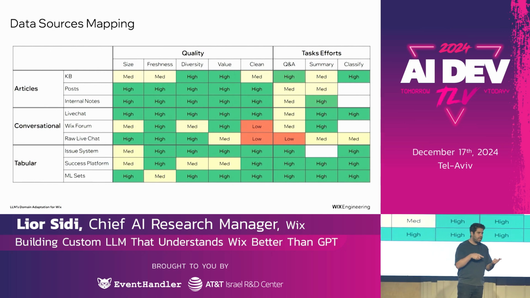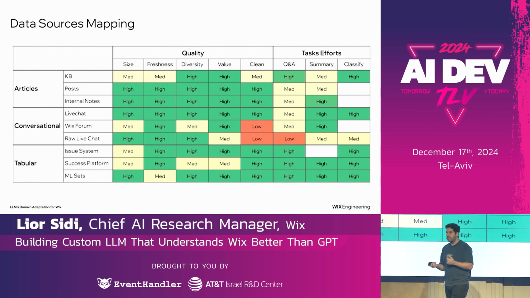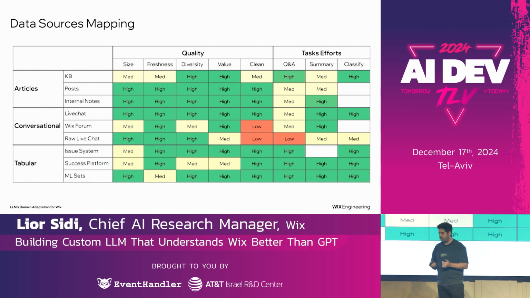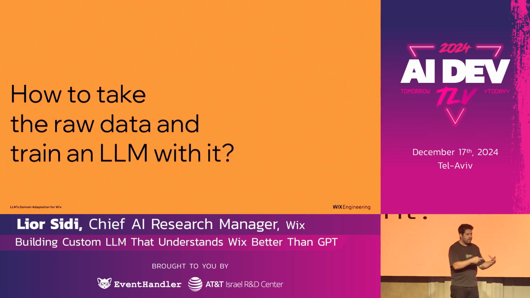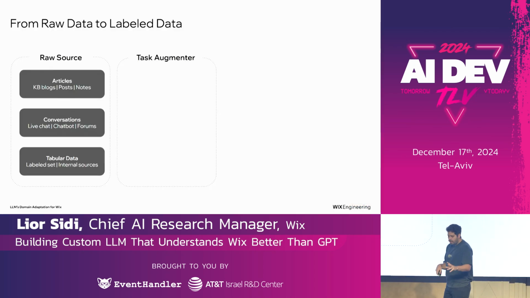The ones that are clean, ready, and have the most impact in creating tasks that are impactful for us. And the question is how we take this raw data and turn it into something trainable. Each one of these raw sources can be mapped to different tasks. So eventually we have the raw data, and we wanted to generate a task.